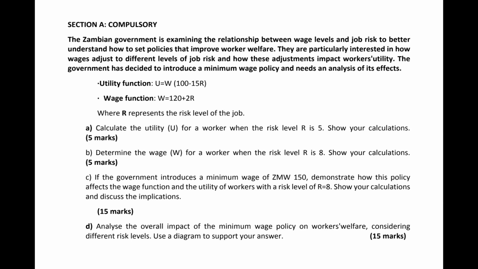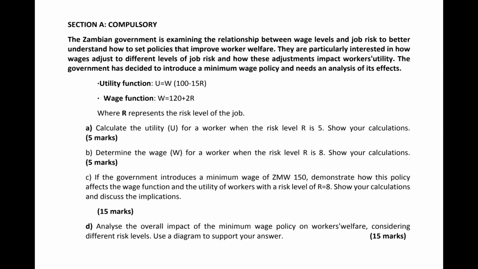To calculate the level of utility that we have on that risk, we need first of all to come up with the wage. Remember the function has wage inside the utility function.